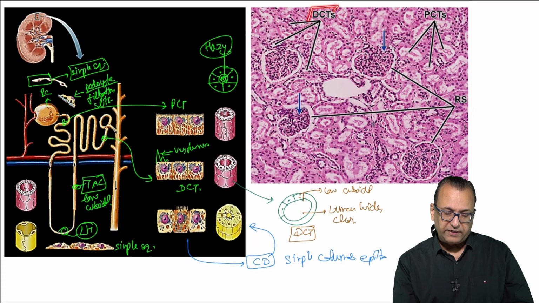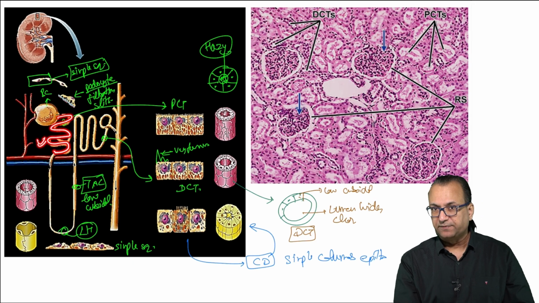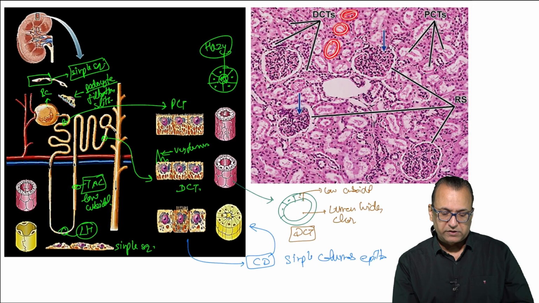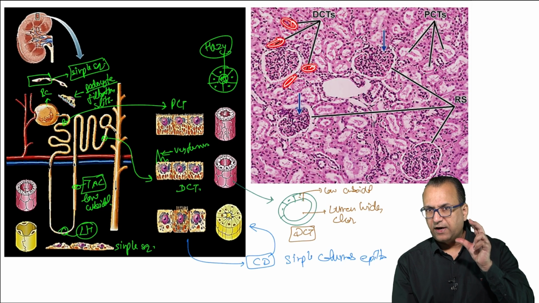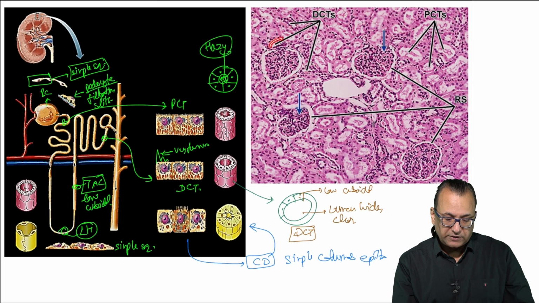Now how do you identify DCT? How do you identify PCT? First of all, you have to understand PCT is longer, it will have more sections, and DCT is shorter, it will have fewer sections. So what you see here are mostly PCT, and there will be very few DCT, 1, 2, 3. DCT can be identified by the fact that they will have a wider lumen, low cuboidal cells, and are darkly staining.